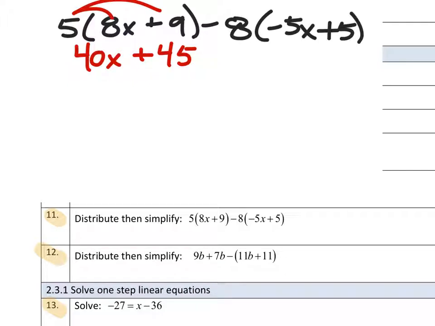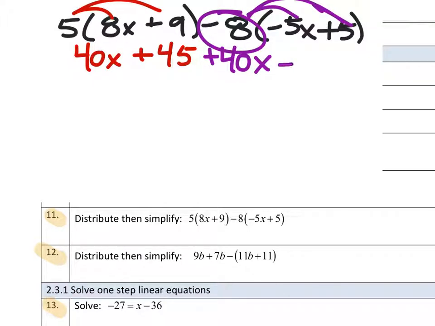Now the second part here, this is considered a negative 8 because it takes that operation to its left that we're going to distribute into this parentheses. So I really have negative 8 times negative 5x. Now again, in the calculator, you could put negative 8 times negative 5. That should give you a positive 40 right there. Now I've got negative 8 times this 5 right here, which would be negative 40.